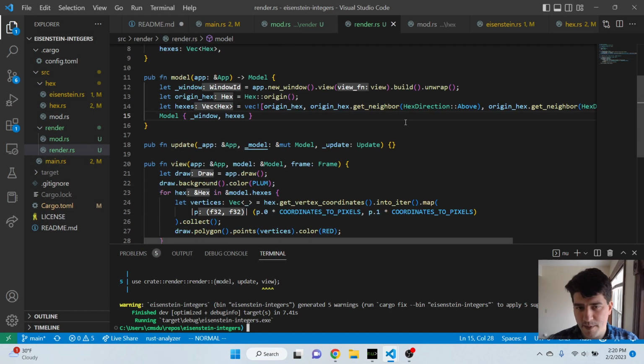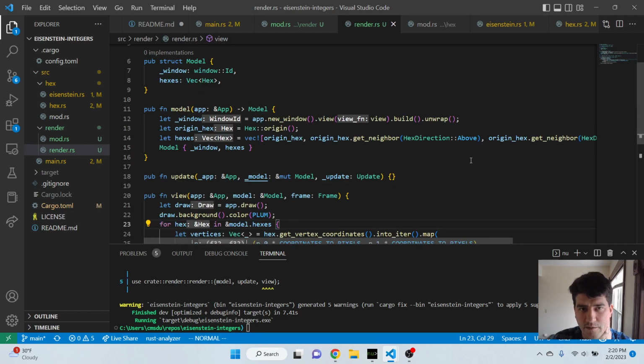So there we go. I mean, in an hour and a half, we were able to, without really looking anything up. I mean, I had to look up some APIs, but I didn't need to look up the algorithm for locating hexes. I didn't have to look up all the different weirdo coordinate systems.